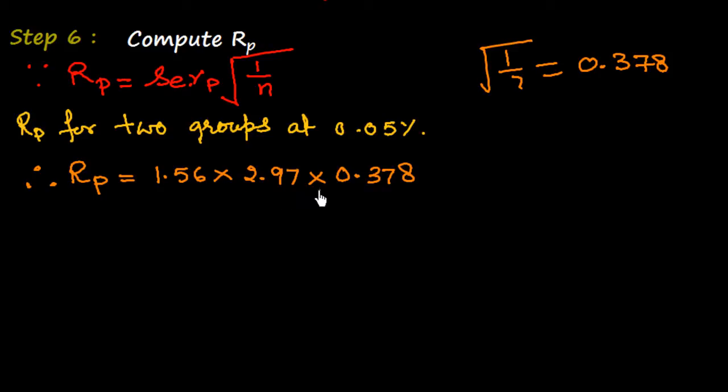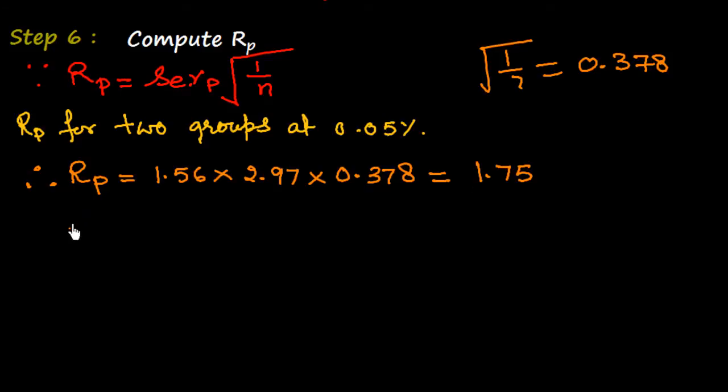For 2 groups, finally we get 1.75. This is the RP for 2 groups at 5%.